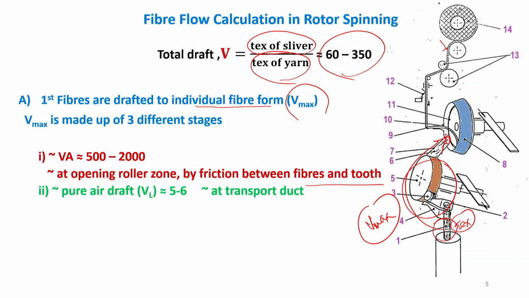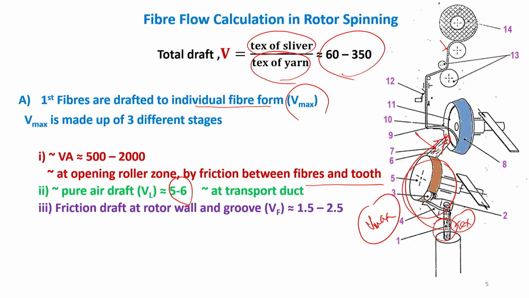The second is called the pure air draft, V L, typically 5 to 6, which takes place in the transport channel due to the taper formation and the suction created by the partial vacuum in the rotor groove.